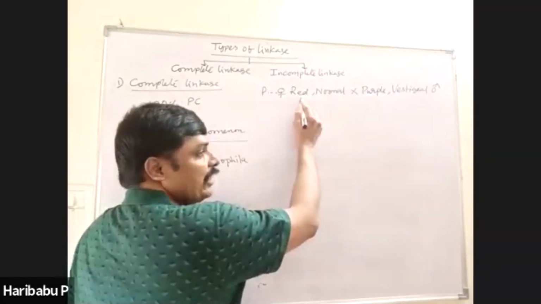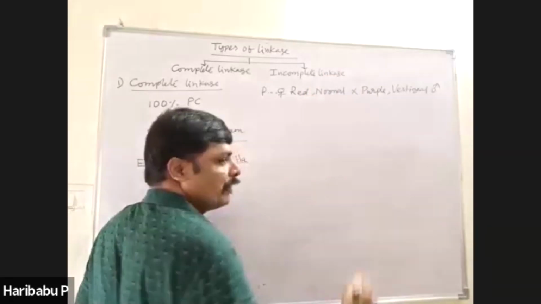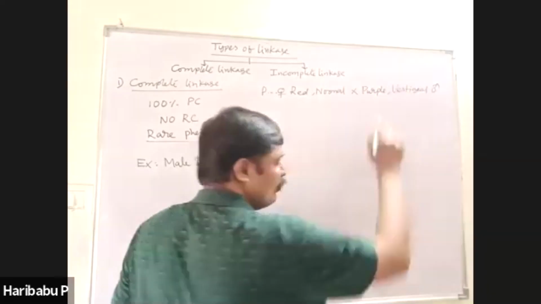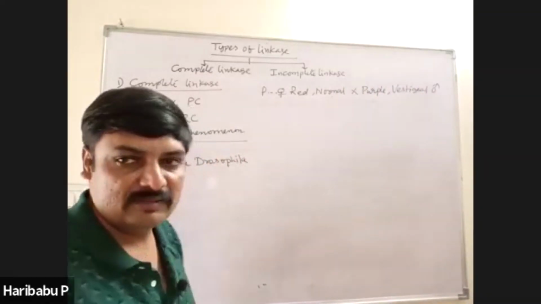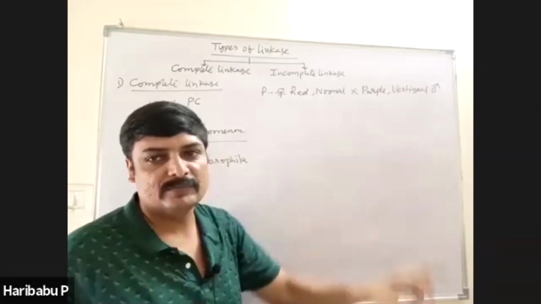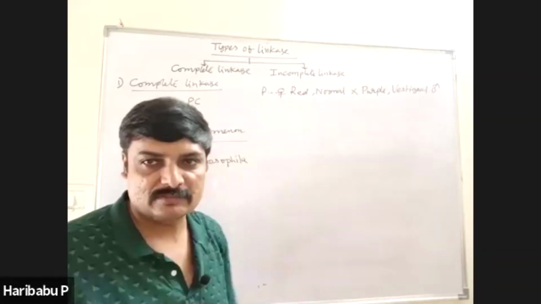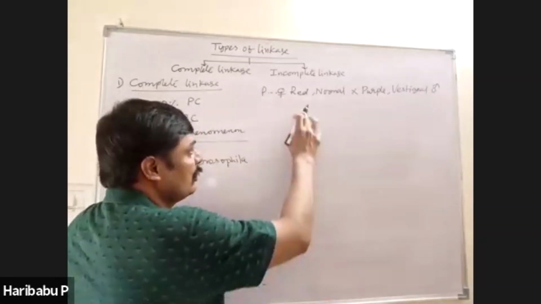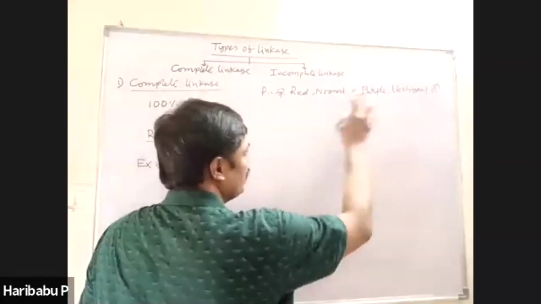Red eye color is dominant over purple eye color. Normal wing is dominant over vestigial wing. So it is a dihybrid cross because we have taken two characters: color of the eye and size of the wing.